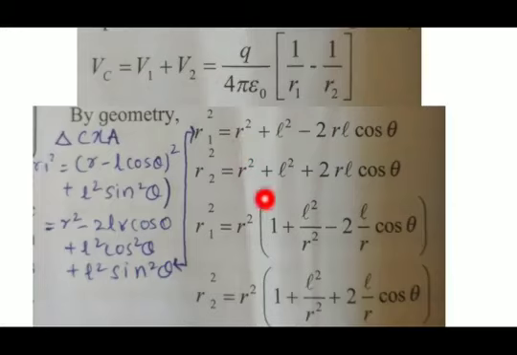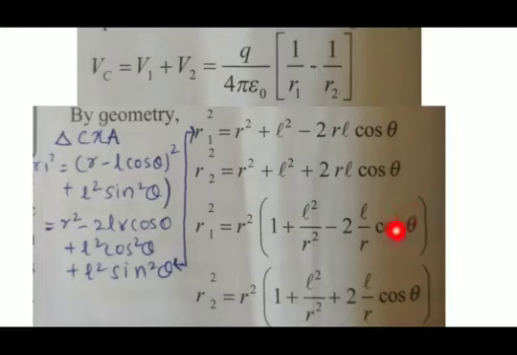Instead of r square we will have 1, plus L square, there is no r square, so we divide by r square, L square upon r square, minus 2rL cos theta, again we divide by r square, so one r cancels and we will have 2L upon r cos theta.